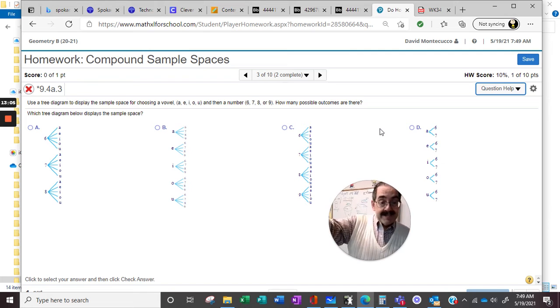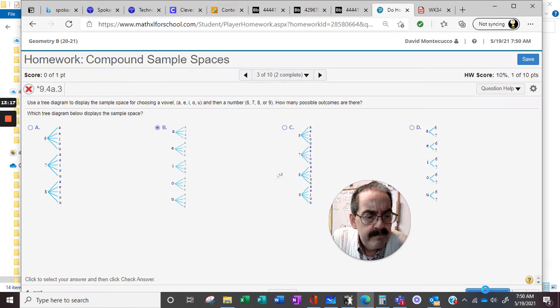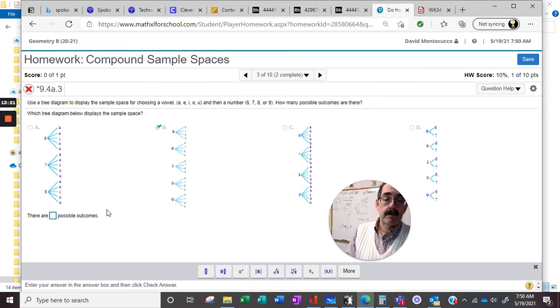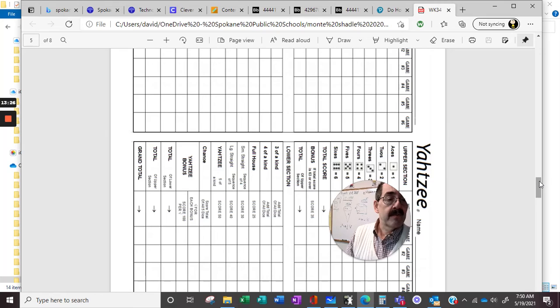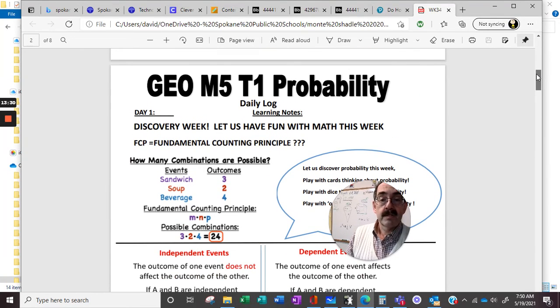Now, the next time you reach into a different bucket, you get a 6, 7, 8, 9. It has to be B. So read it in order. Now, what are the possible outcomes? This is called the fundamental counting principle.